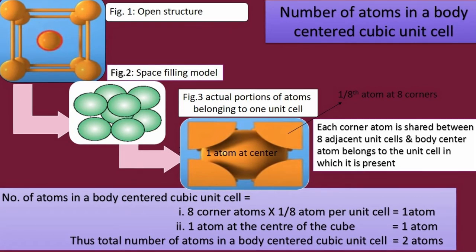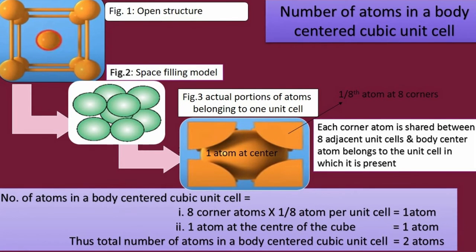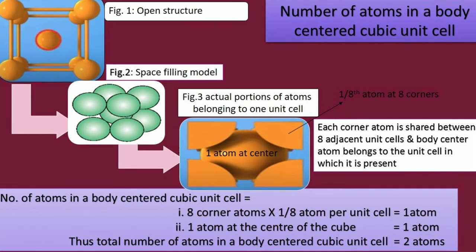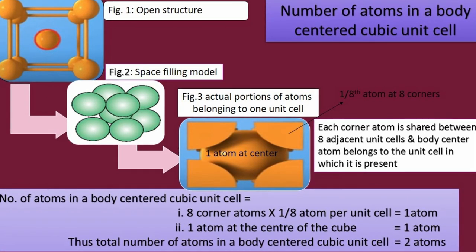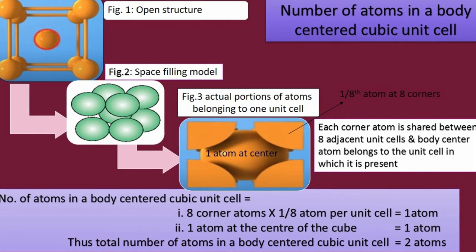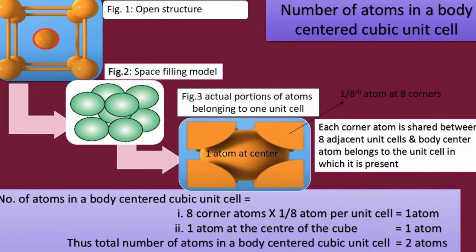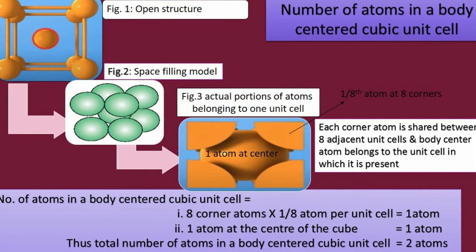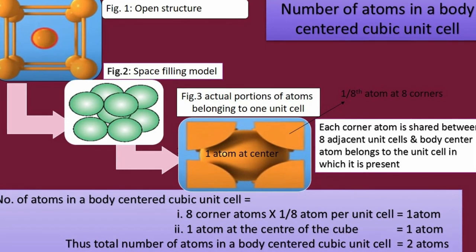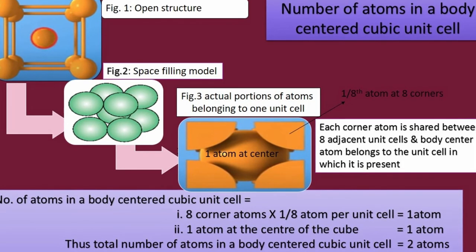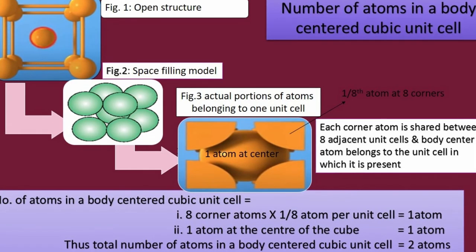Thus, the contribution made by the corner atoms to the unit cell will be equal to 8 corner atoms into 1 by 8 of its actual volume, which will come to 1 atom. And we also know the atom at the body center wholly belongs to the unit cell in which it is present. Thus, 1 body center atom will be present. Therefore, the total number of atoms in the body-centered cubic unit cell will be equal to 2 atoms.